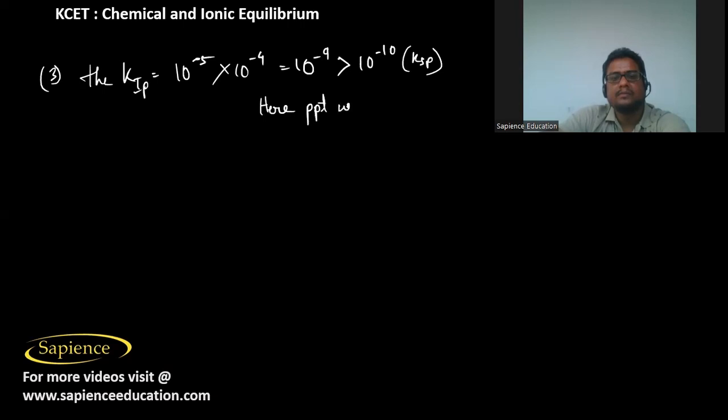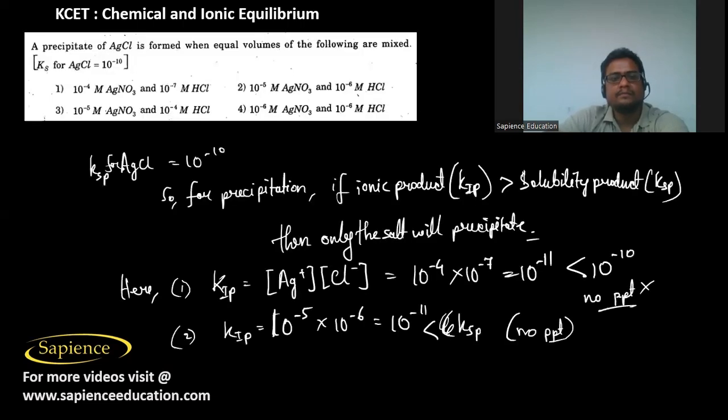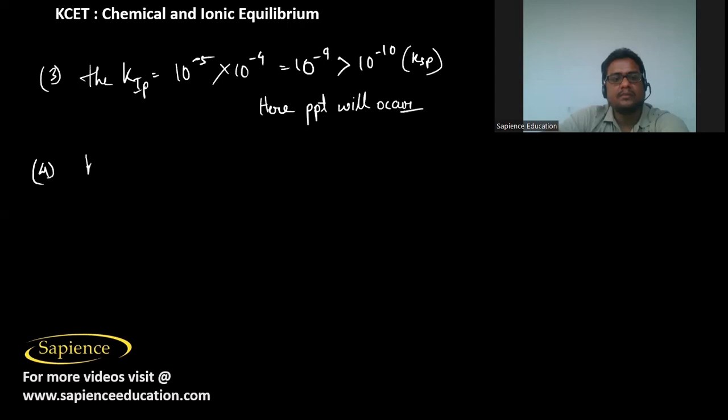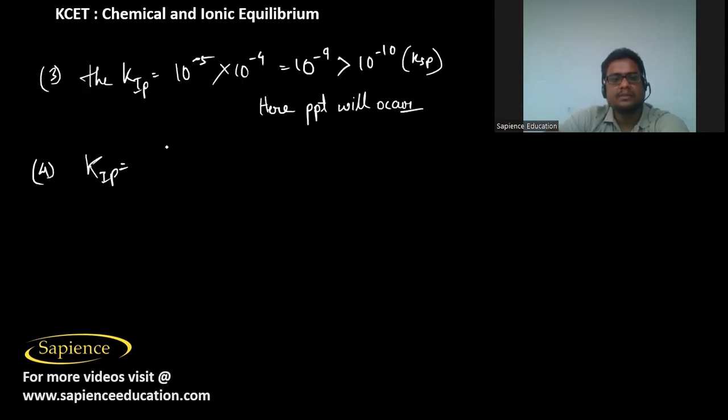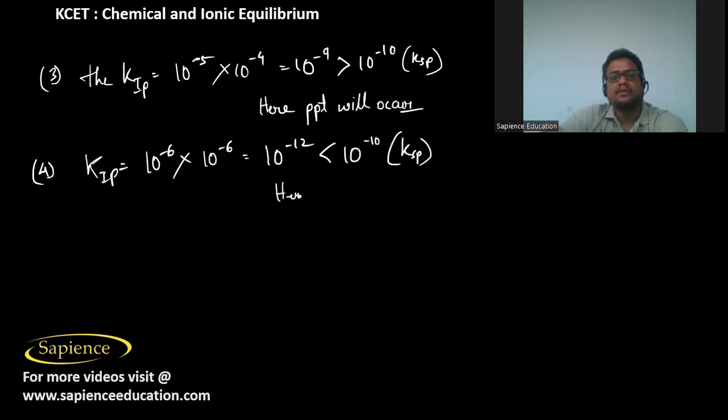Precipitation will occur here. And in the fourth option, the ionic product is the concentration of Ag plus, 10 power minus 6, into the concentration of HCl, also 10 power minus 6. So that is 10 power minus 12, which is less than 10 power minus 10, the KSP. So here precipitation will not occur.